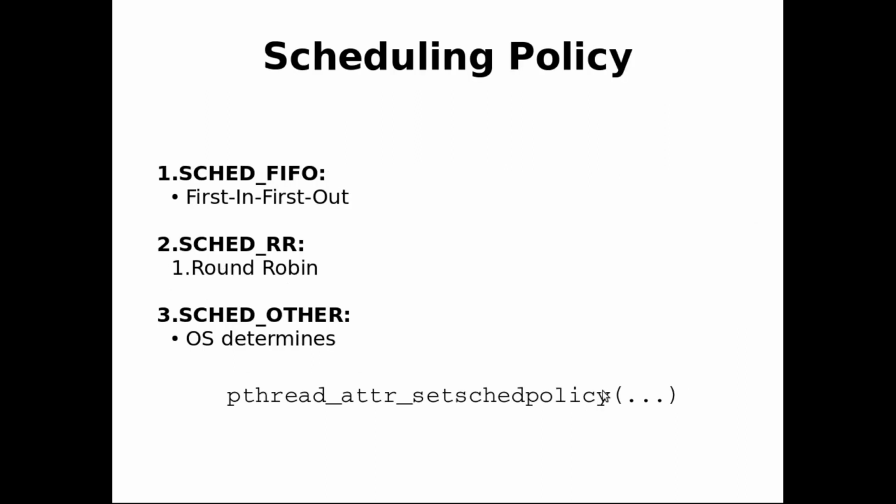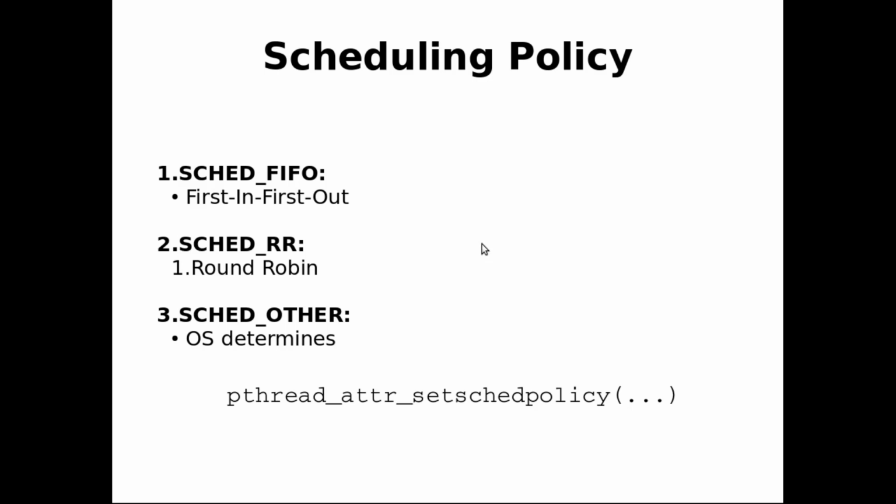The next attribute is scheduling policy. This is one of the scheduling attributes we just now mentioned, and it can have three possible values. Sched FIFO means the first in first out scheduling policy will be used for scheduling the thread, and round robin means the round robin scheduling policy will be used to schedule the threads, and the third value is sched other, which means the operating system will determine what scheduling policy to use.